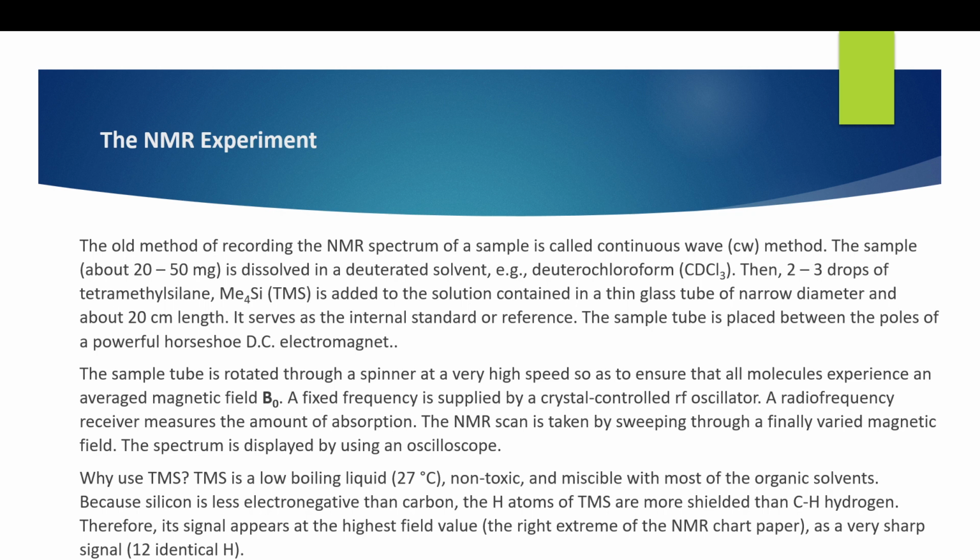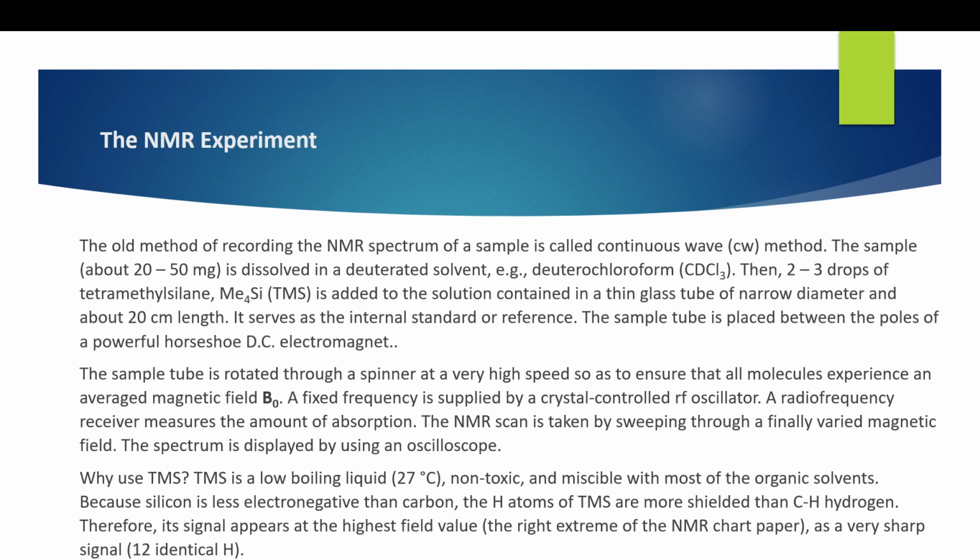This sample tube is placed between the poles of a very powerful electromagnet with supplied DC current. The sample tube is rotated through a spinner. Why is it rotated? So that all molecules experience an average magnetic field.